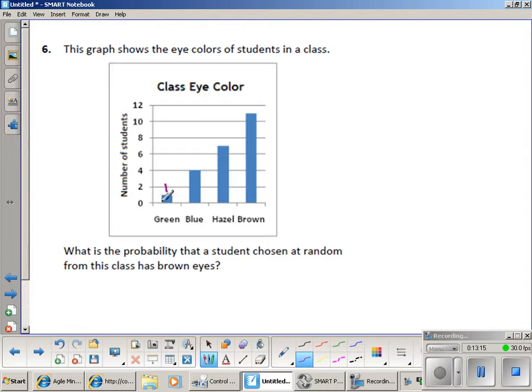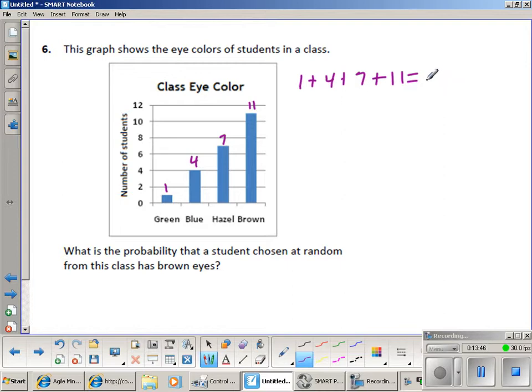Blue, 4 students. Hazel, estimating that at 7. Brown, estimating that at 11. Okay, what do I need to do with those numbers? I need to add them up so I know how many students are in the class. 1 plus 4 is 5, plus 7 more is 12, plus 11 is 23. 23 students in this class.